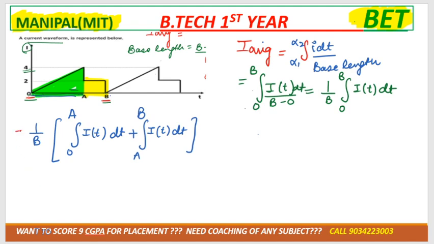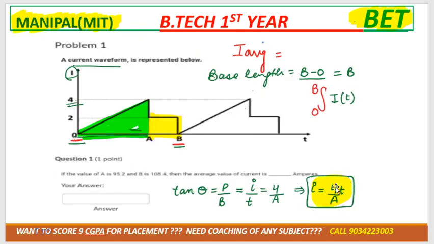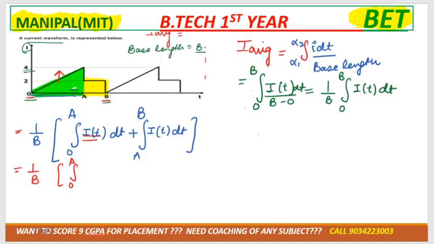Right? Then after that, 1 by b, limit varying from 0 to a, I of t. For the triangular waveform we already calculated that, we got it as 4 by a t. Right? So for this particular case we got 4 by a t. Mark this, it is very important, because one question definitely comes in your paper.